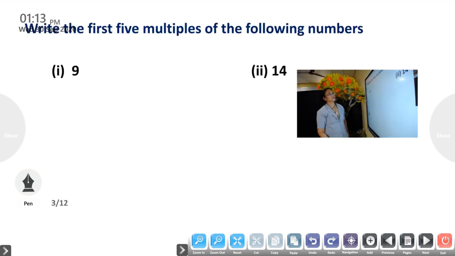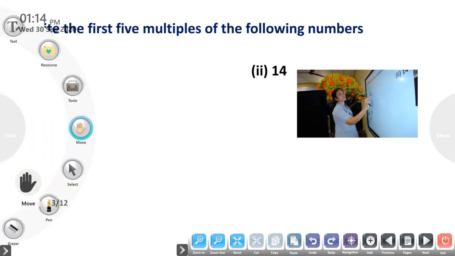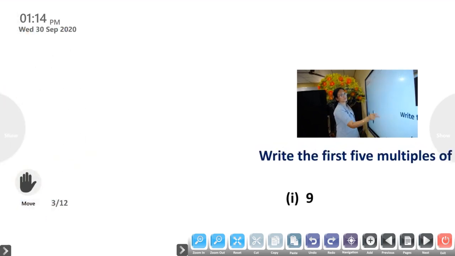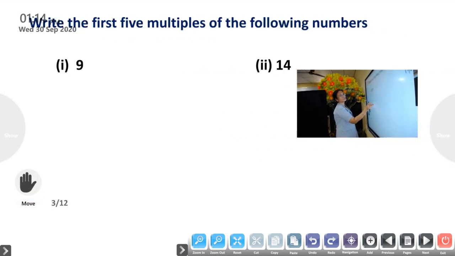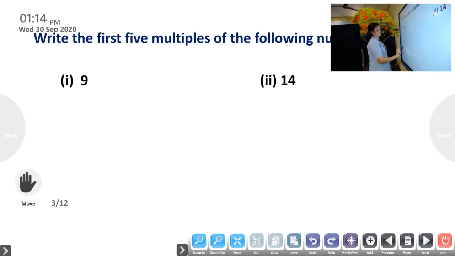Now look at this question. Write the first five multiples of the following numbers.